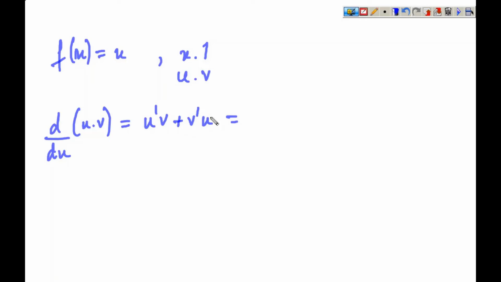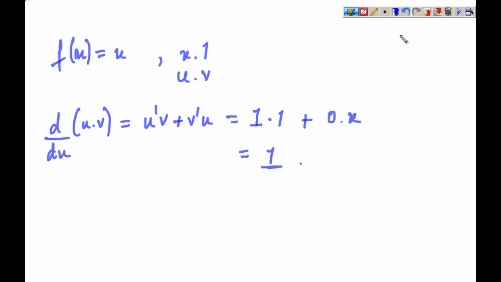Let's start with u first. The derivative of x is 1, and then we have times v, that is 1, so 1 dot 1, then plus the derivative of 1, which is 0, times u. So this gives us 1.